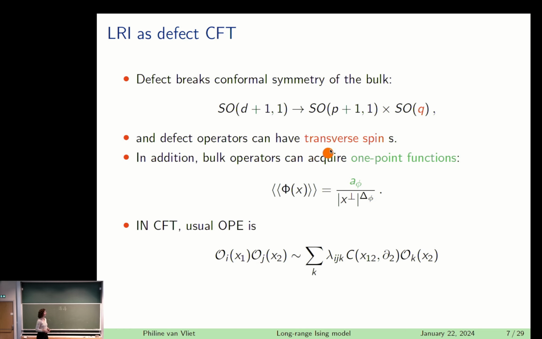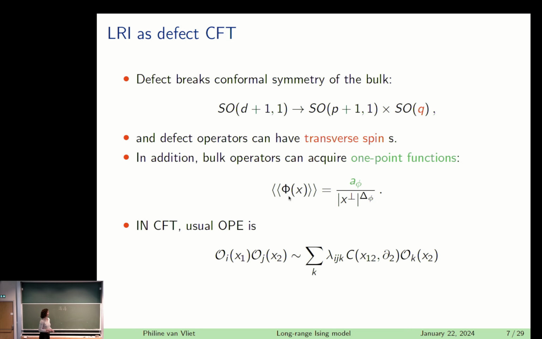And in addition, normally in CFTs, one-point functions of operators are prohibited by conformal symmetry and have to be 0. But in the presence of a defect, they can acquire non-zero one-point functions. And they are given by this one-point function coefficient, A phi, that we will see a lot later on. And for notation, I use these double brackets here to indicate the one-point function in the presence of the defect.